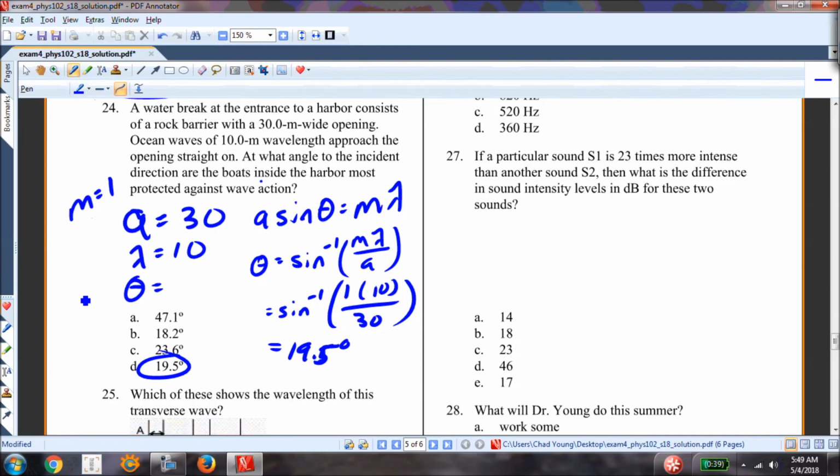Now look, this is what's happening here. I have this break in my harbor, and I get these periodic places of constructive and destructive interference. So I'm going to imagine that this is light, and we'll just draw a screen here. What happens is that as I go along this path, I get constructive interference along that path. But as I go along this path, I get destructive interference all along this path.